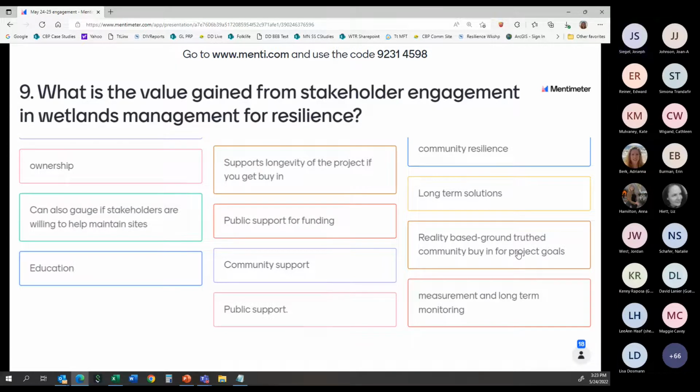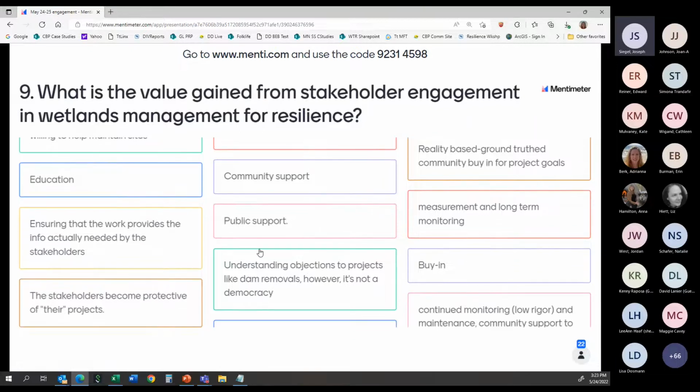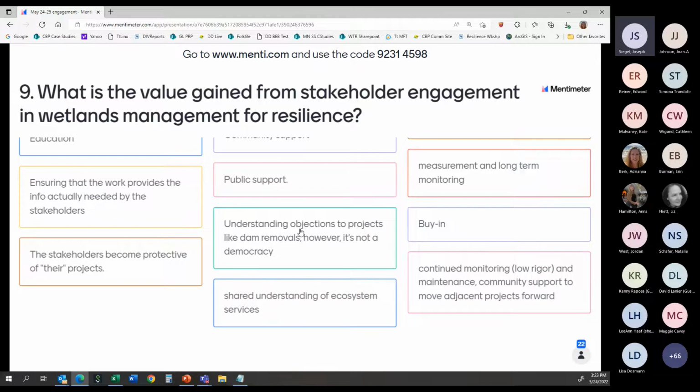These are great. And after you put your response in the Menti, you can also add to the chat if you want to enhance what you said. If you see something else that registers with you, feel free to add another idea into the Menti. Public support, buy-in.